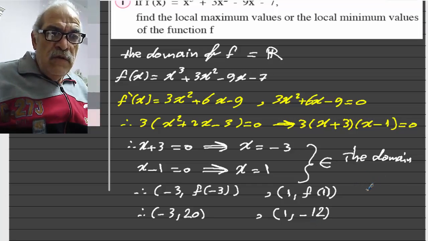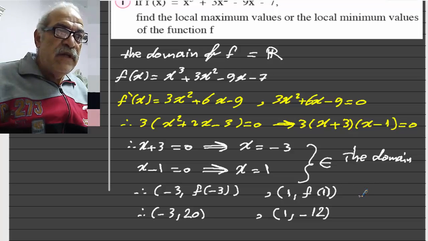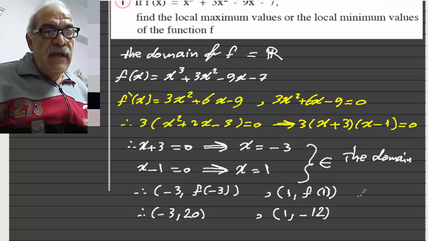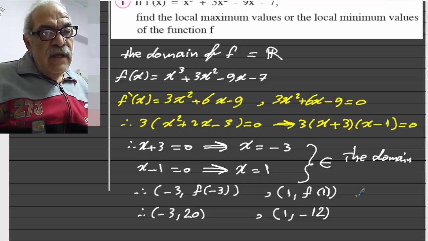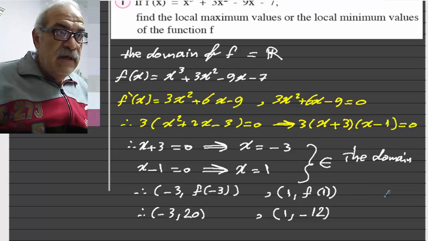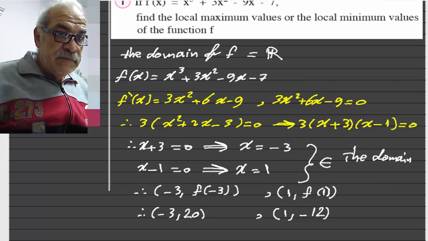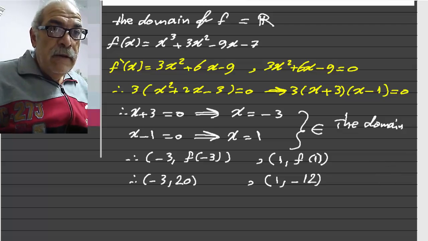So negative 3 and 20, 1 and negative 12 are the two critical points. Now we're going to make a table to determine the intervals where f dash of x is positive or negative. Actually, we wanted to determine when the function f of x is increasing or decreasing. Okay, so I'll draw a table.